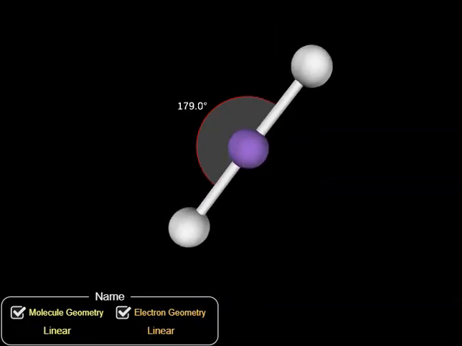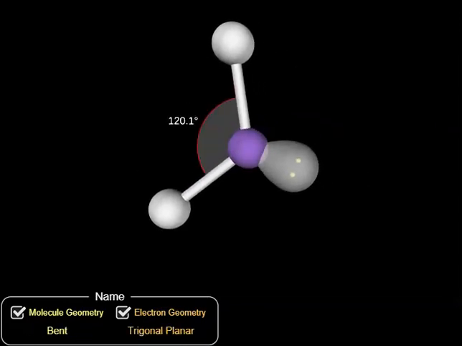Okay, however, if we have one lone pair of electrons, so you've got two bonded regions and one lone pair, then the electrons are still arranged in that trigonal planar way. They still have that 120-degree bond angle. But the shape of the molecule, as you might see down in this bottom left-hand corner, is now described as being bent.